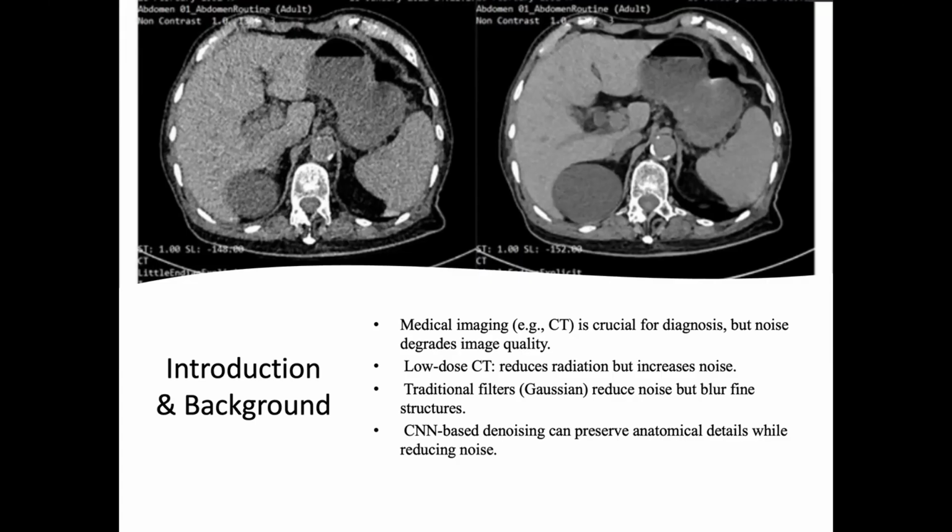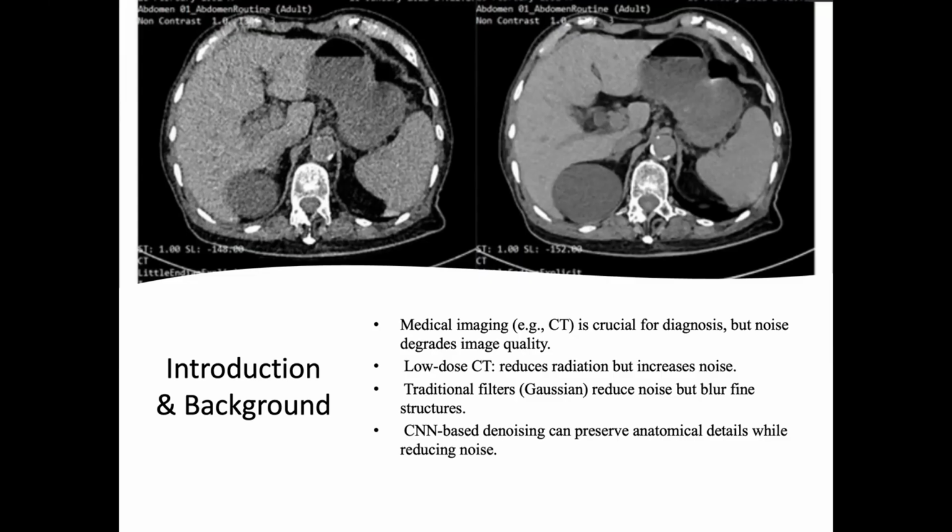The image I'm adding to this slide is an example of traditional denoising, using Gaussian to denoise an image. On the left, as you can see, is the image with noise, and we cannot clearly see the structure. On the right is the image denoised by Gaussian.